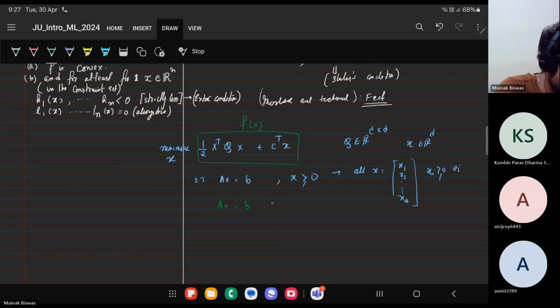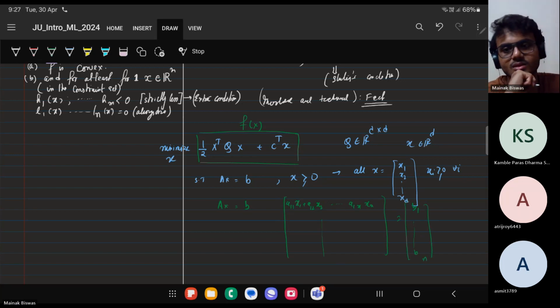So do you agree that this is going to be, if I just write it in terms of the vectors, A11 x1 plus A12 x2, dot dot dot, A1n xn, similarly others, equal to B1, right? So how many constraints are there?